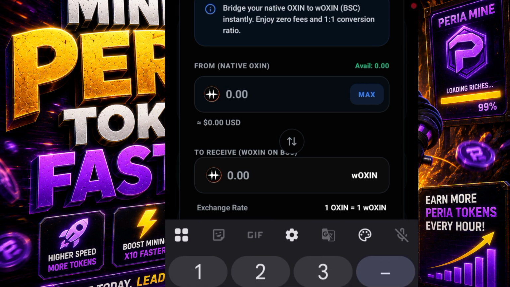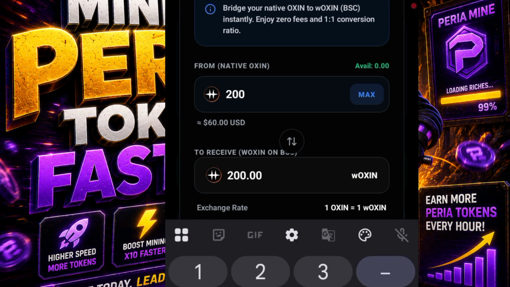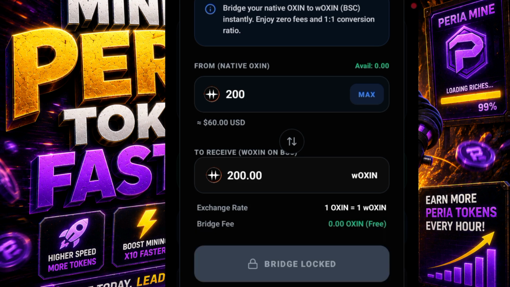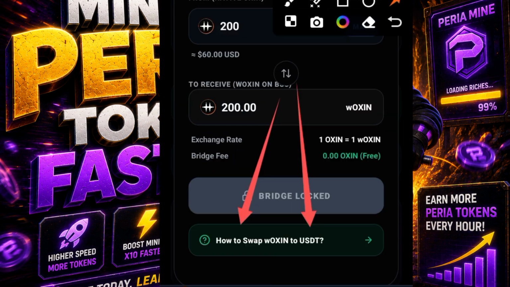Maybe I want to convert my Oxin to this wrapped Oxin so I can convert to USD. Let me say 200. You can see 200 Oxin will give me 200 wrapped Oxin, which I can bridge. And once it gives me this wrapped Oxin, I'll be able to swap it to USDT. You can see how to swap to USDT. This is another video which I'll be creating.